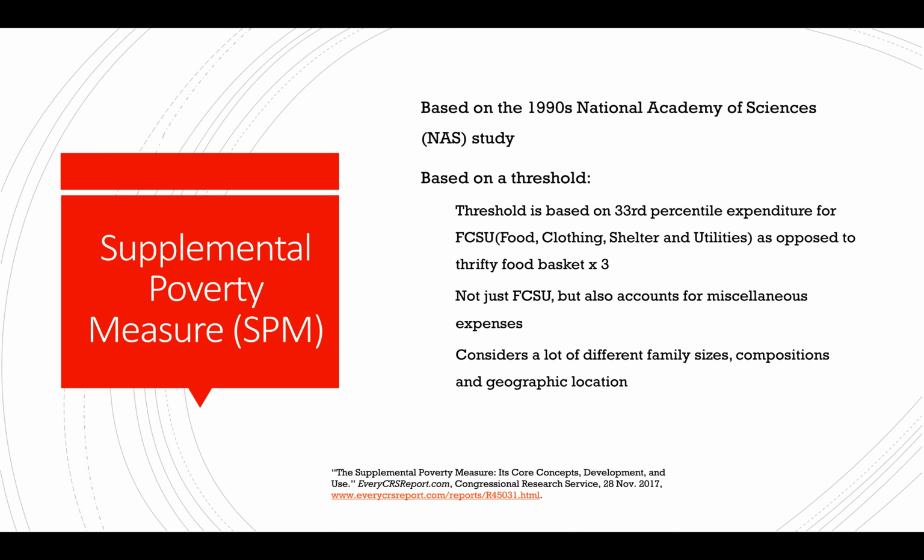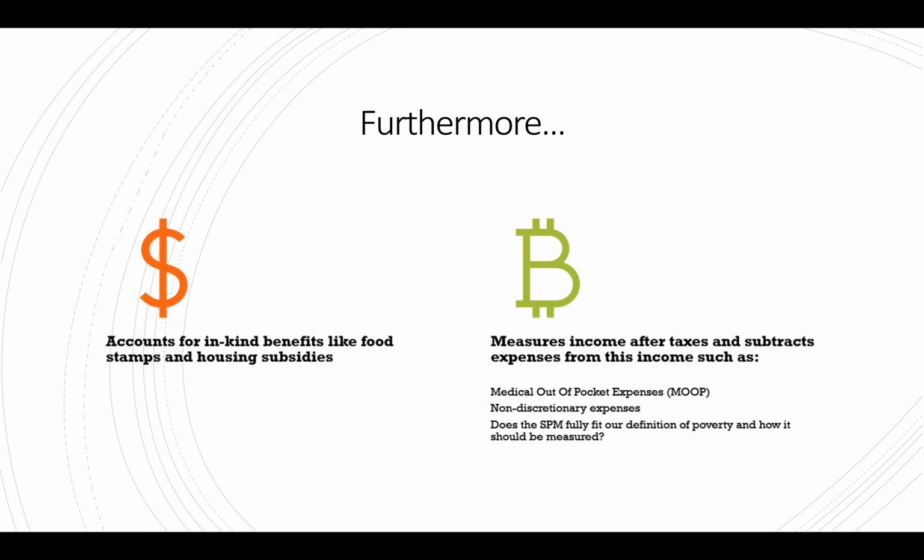Then further adjustments are made to account for differences in costs of living by geographic location, family size, and composition. The SPM also accounts for in-kind benefits like food stamps and housing subsidies. Unlike the OPM, SPM measures income after taxes, after subtracting some expenses such as medical out-of-pocket expenses, non-discretionary expenses like fuel costs for driving to work, and so on.